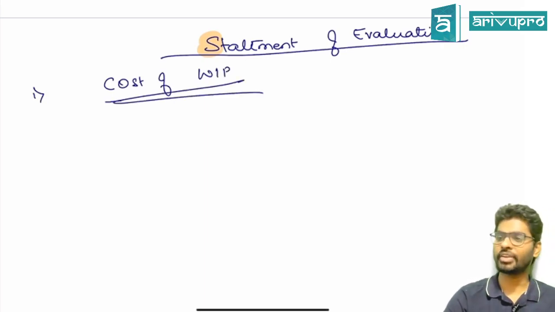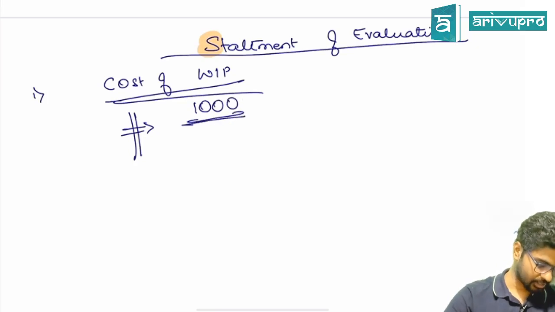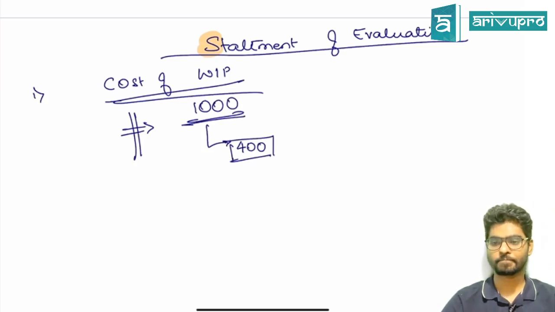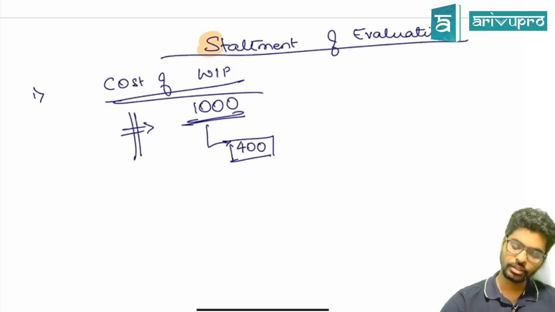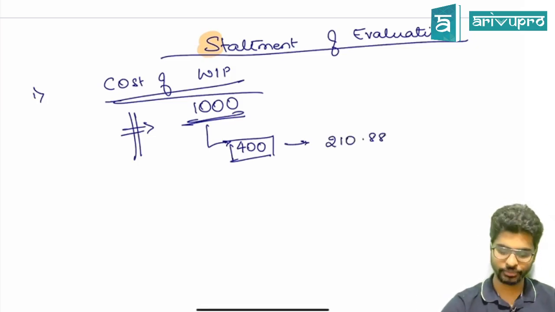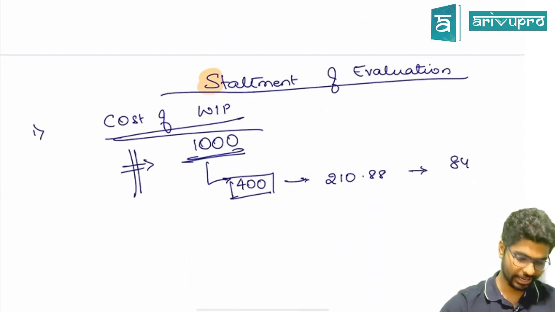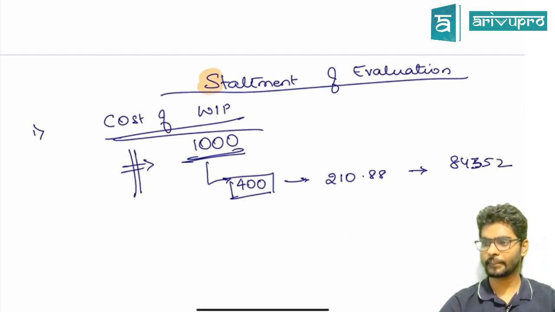Okay, if I have to find the cost of WIP, see here, I already have 1000 units, and this year I have completed work only to the extent of 400 units. Yes or no? For these 400 units, my cost was 210.88, correct? Because I found the cost per unit, multiply it, which is 84352. Yes or no? Right?